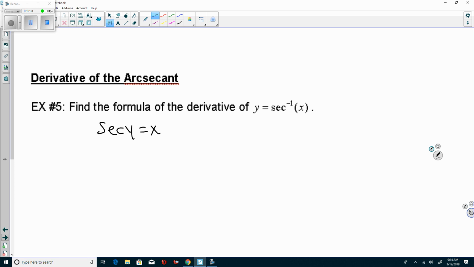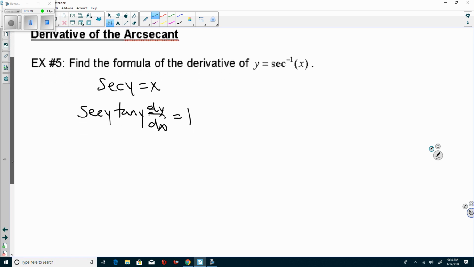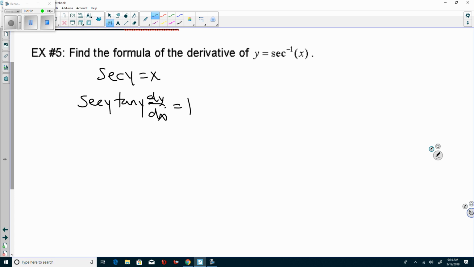So the derivative of secant y is secant y tangent y, and I forgot the dy/dx, because then you have to derive the y, and the derivative of x is 1. So then you have dy/dx equals 1 over secant y tan y.